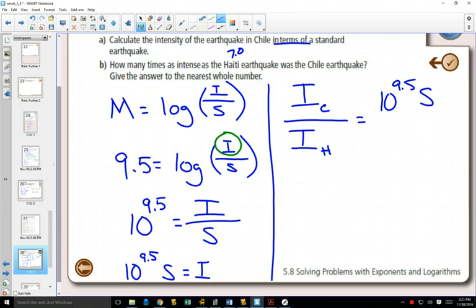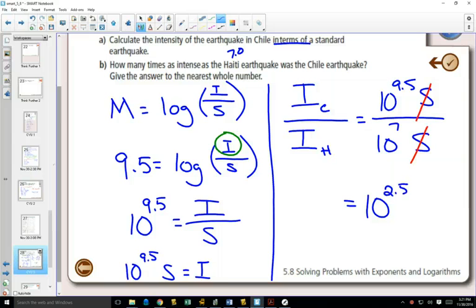Without doing all of this work on the left for Haiti, can you tell me what Haiti's is going to be? 10 to the 7 times S. And when you divide those two, what's going to happen to those S's? And so that shortcut that I showed you before, when you divide, what exponent law do you use when you divide with the same base? Subtract. So we can see that from 7 to 9.5 goes up 2.5.